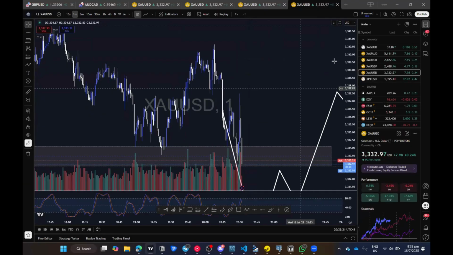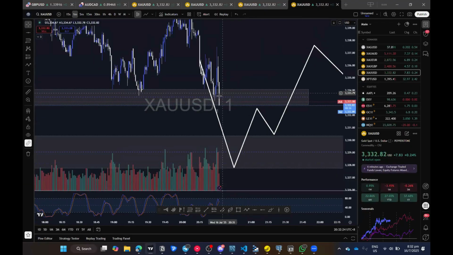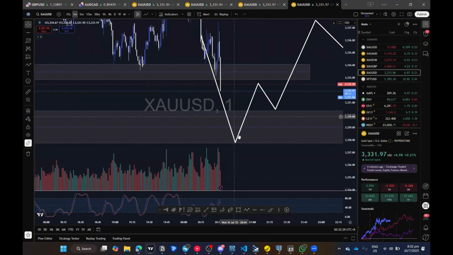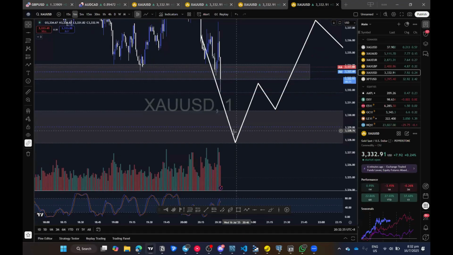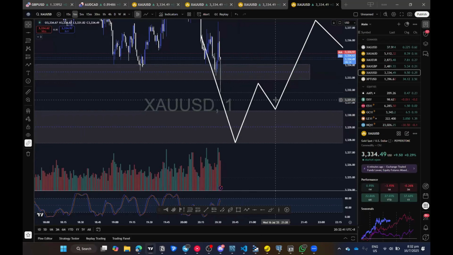Okay, so gold is showing some movement as well. We broke this, probably going to hit down lower into this level here. Then we're going to watch for some reaction here. Again, if it's weak, then we're probably going to go further down. But otherwise, as it makes a higher low, that's where we are.